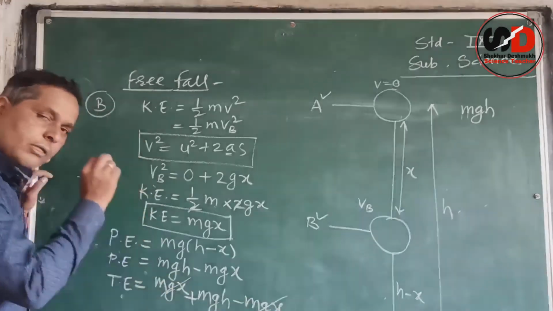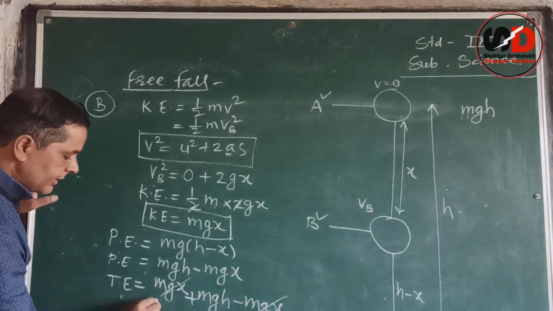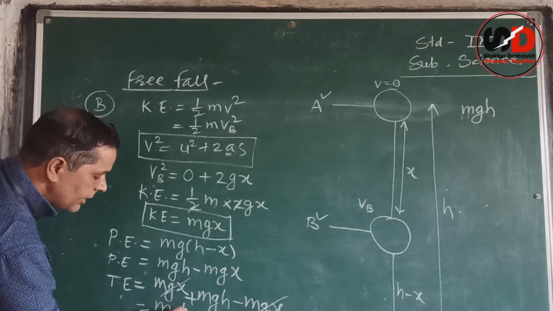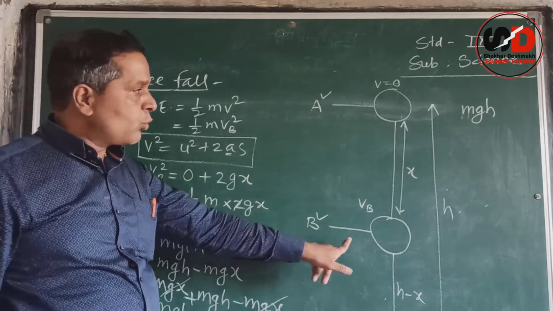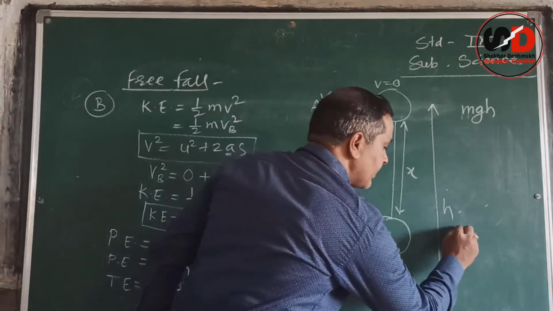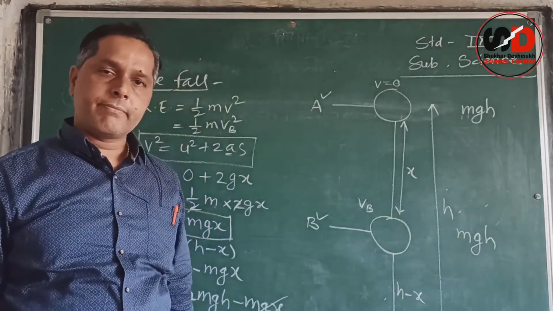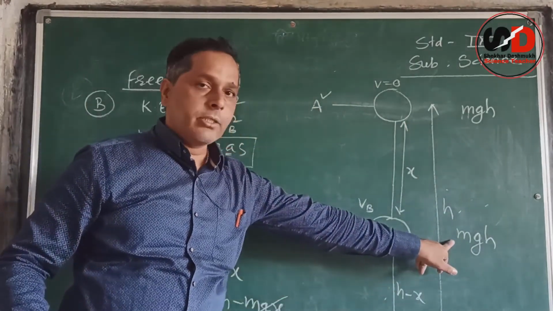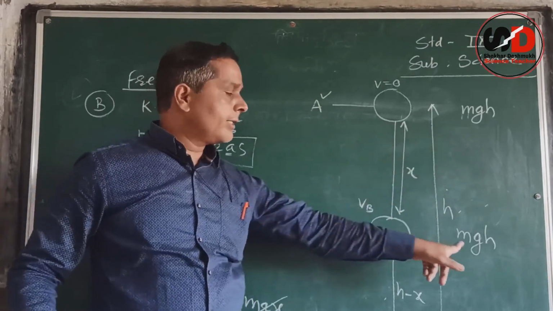This gets cancelled. So we get total energy mgh at point B. So at point A it is mgh, and at point B it is mgh.